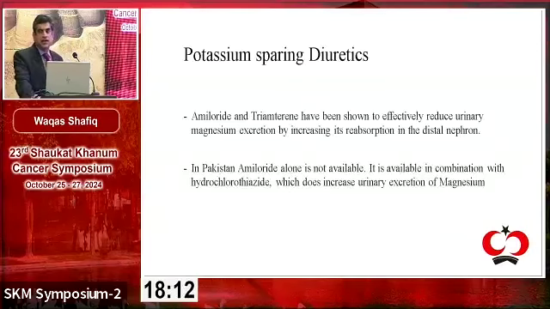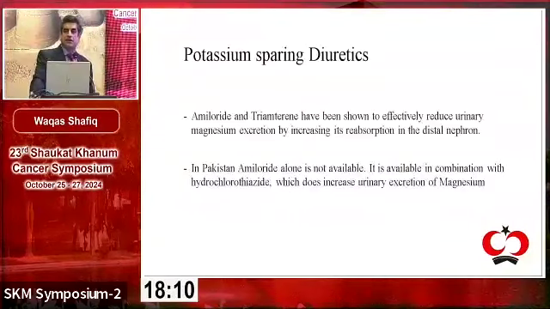In Pakistan, we don't have amiloride alone. It's available in combination either with hydrochlorothiazide or with furosemide, because that's a diuretic agent. And the problem with hydrochlorothiazide is that it can also increase magnesium loss. So that's one thing which makes it difficult to manage these patients.